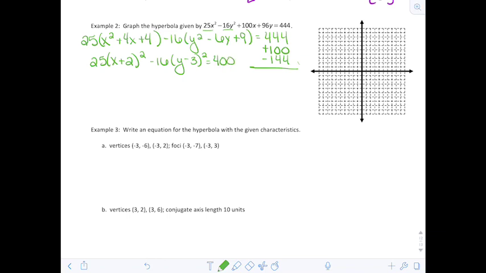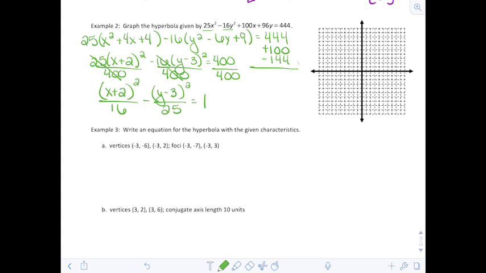Since I have to set this equal to 1, I'm going to divide everything by 400. So 25 divided by 400, 25 and 400 reduce to 1 and 16. So now I have x plus 2 all squared over 16 minus, 16 and 400 reduced to 1 and 25, so I have y minus 3 all squared over 25 equal to 1.